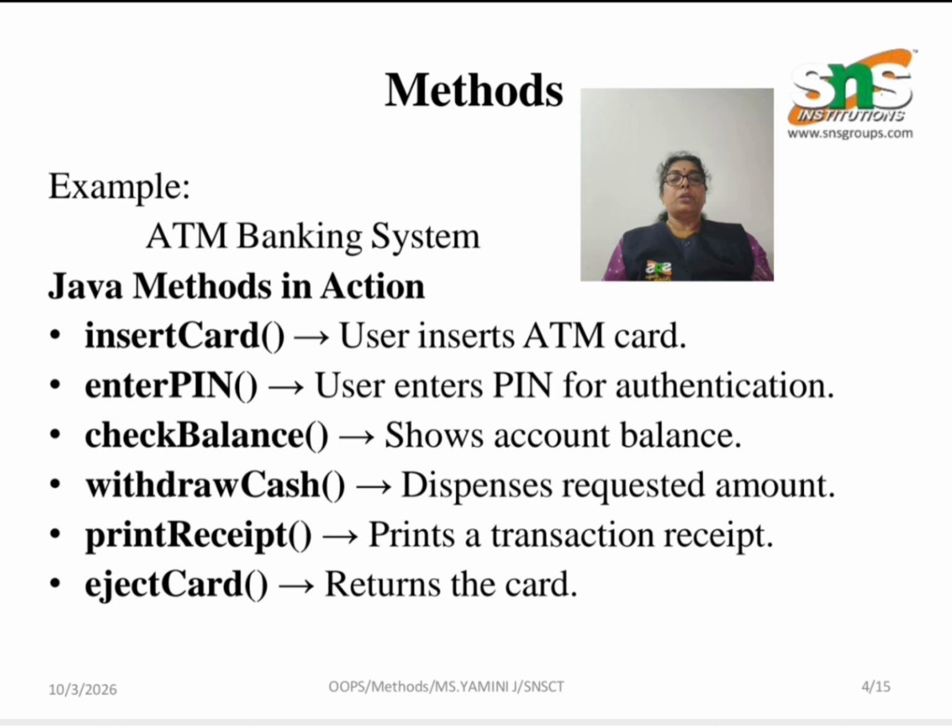If the user wants to withdraw money, the system executes the method withdraw cash function. Once the interaction is completed, the ATM prints a receipt using the print receipt function, and finally the card is returned using the eject card function.